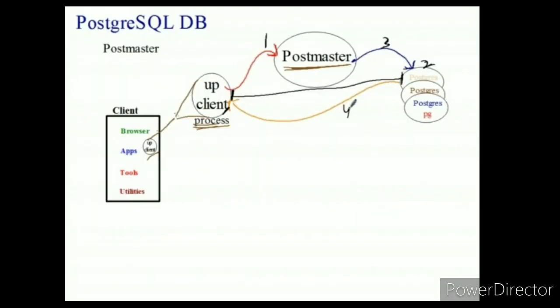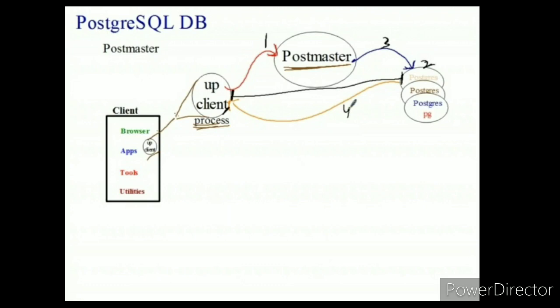So let's see the database architecture. Whenever the client sends a request, the server will respond. Postmaster is the first background process when the database is up and running. All new connections land on the postmaster. Postmaster checks the user authentication.